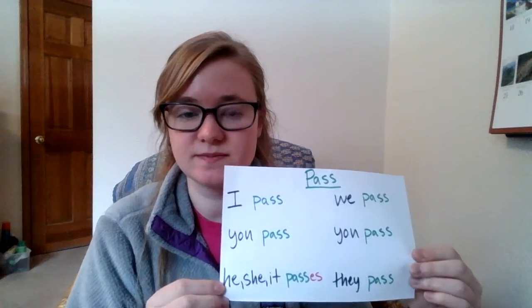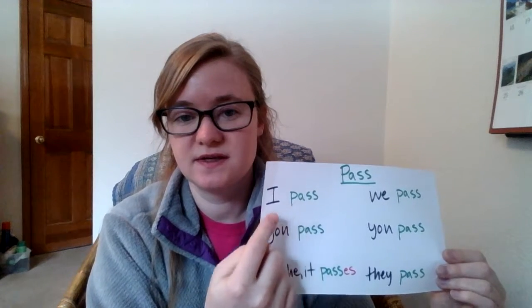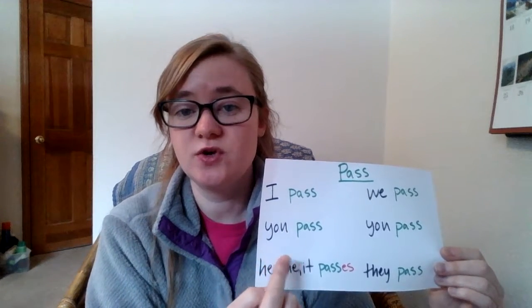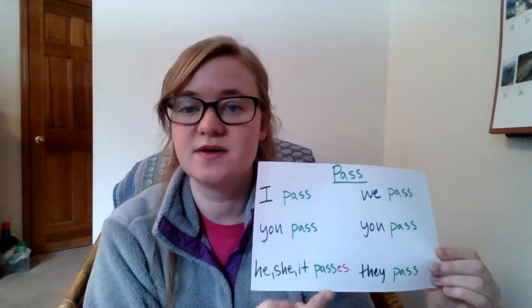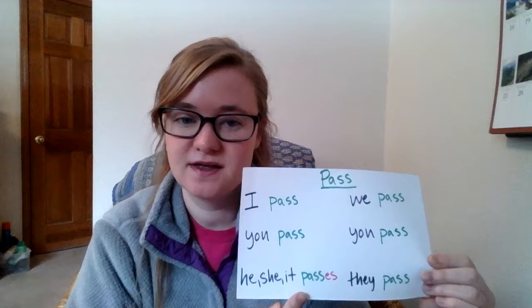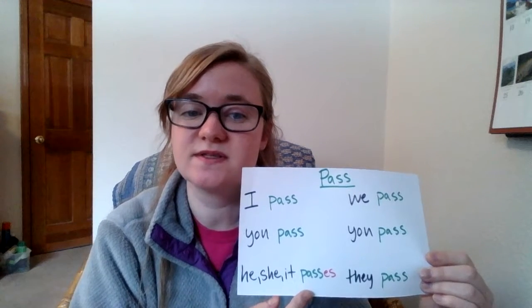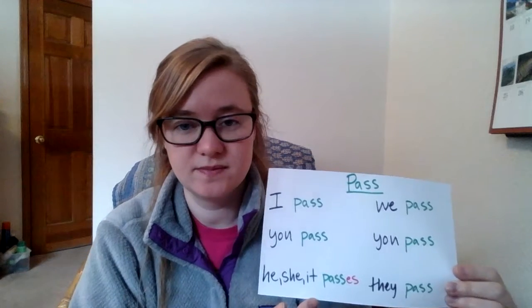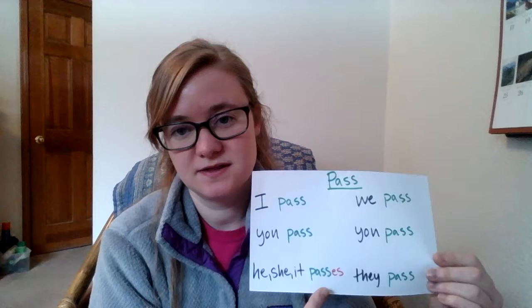All right, we'll do one more. The verb is pass. So I pass, you pass, he, she, it passes. Why does this end in an ES? Because the verb ends in S already. That's correct. So he, she, it passes.